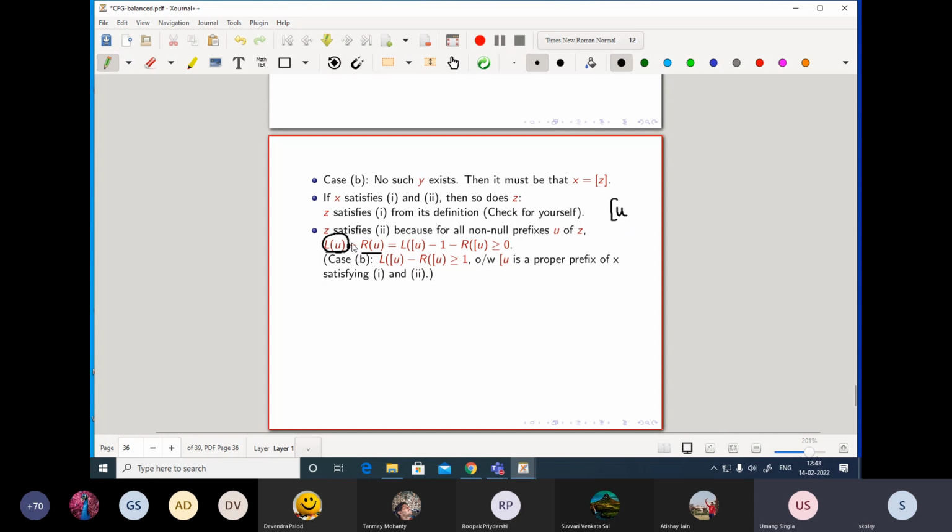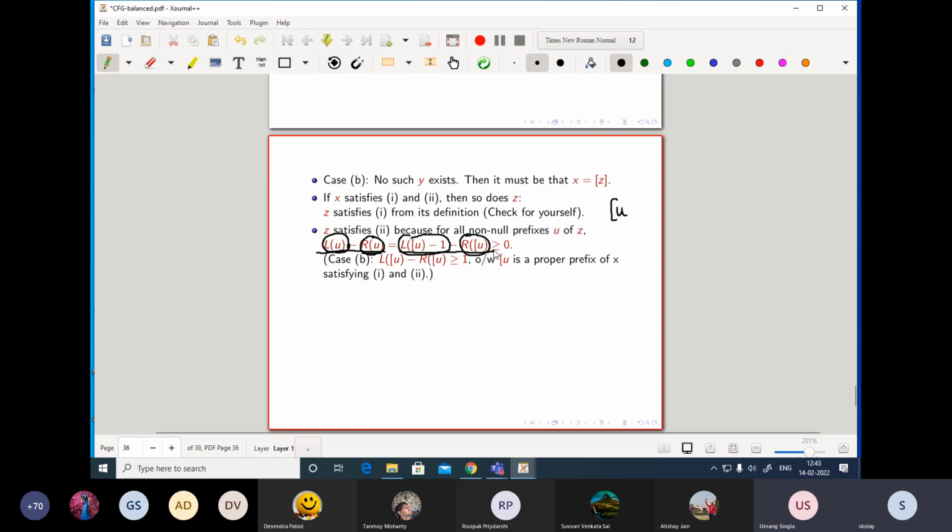Structurally, bracket u will have one more left bracket than u itself. So Lu can be replaced as L of bracket u minus 1, and Ru is the same as R of bracket u, because I have not included any extra right brackets. So this expression can be written as L of bracket u minus 1 minus R of bracket u.